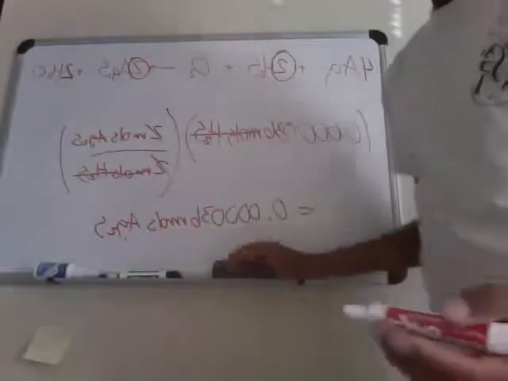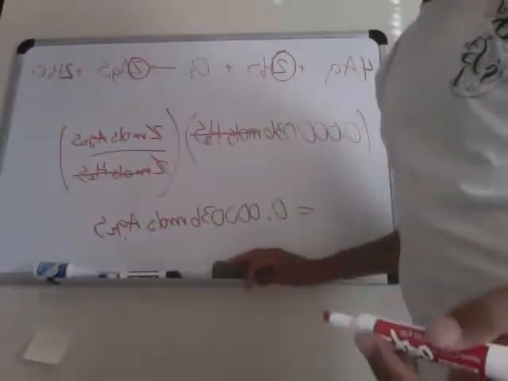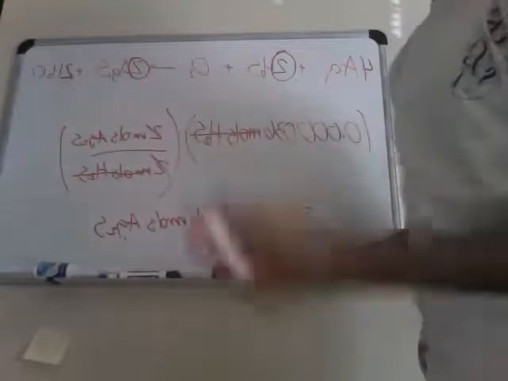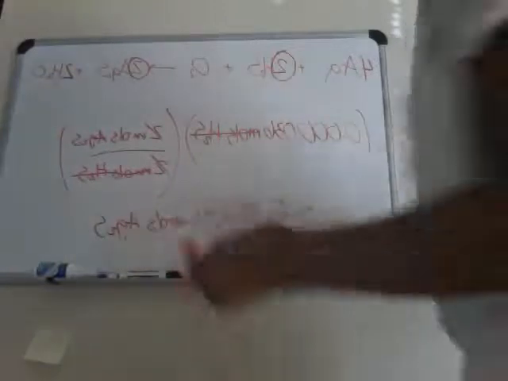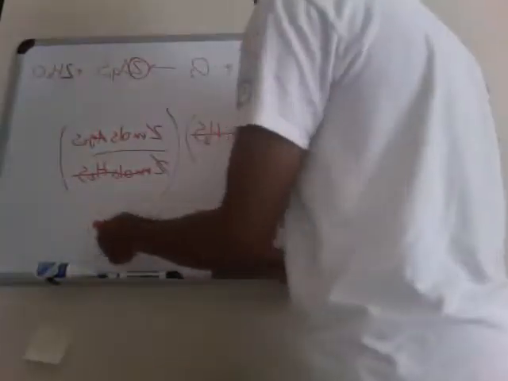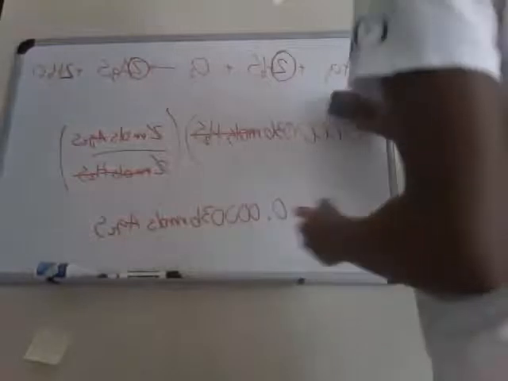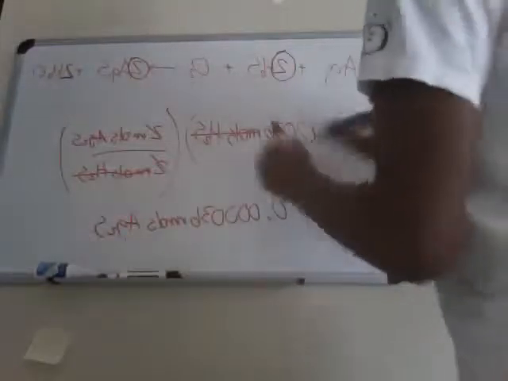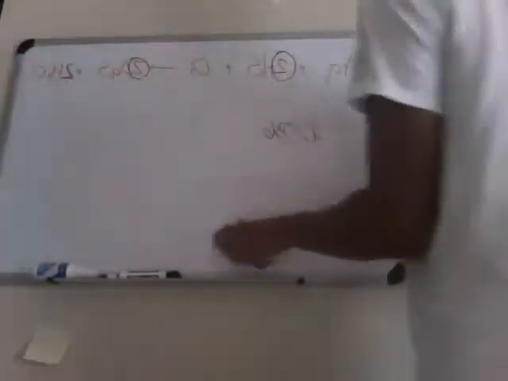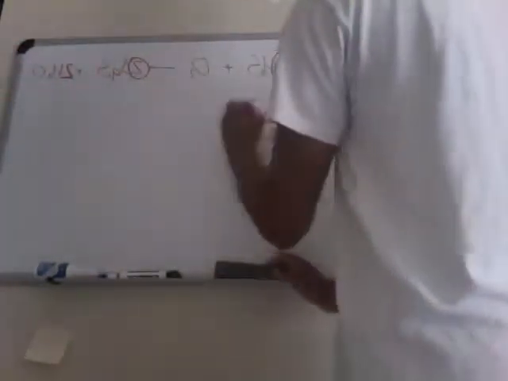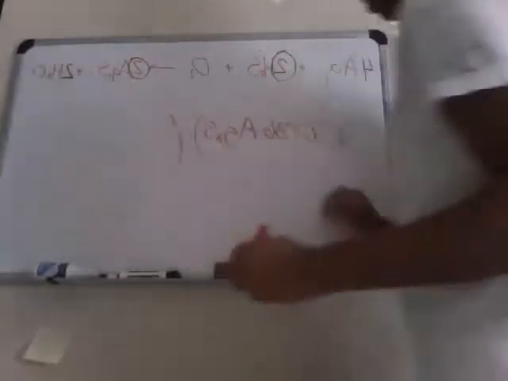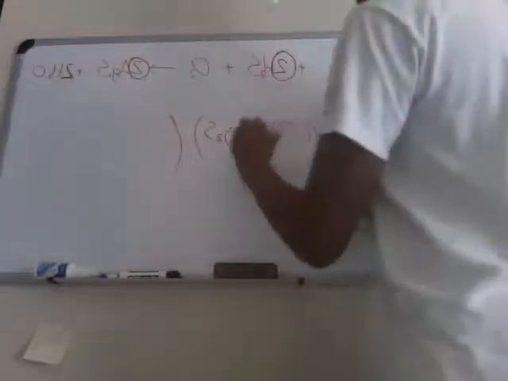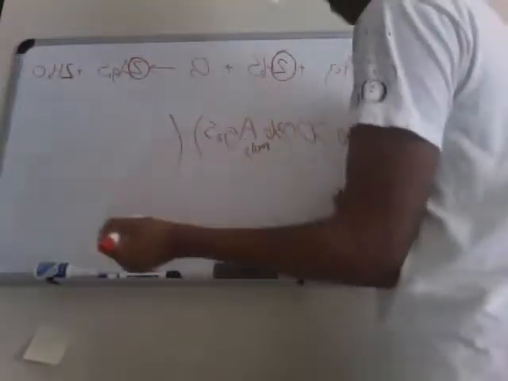Correct? And so we want to know not the moles, but the grams, right? So again, we use the molar mass of silver sulfide to find that out. So let's erase this. Now to find that out, this is moles, so we multiply by the molar mass.